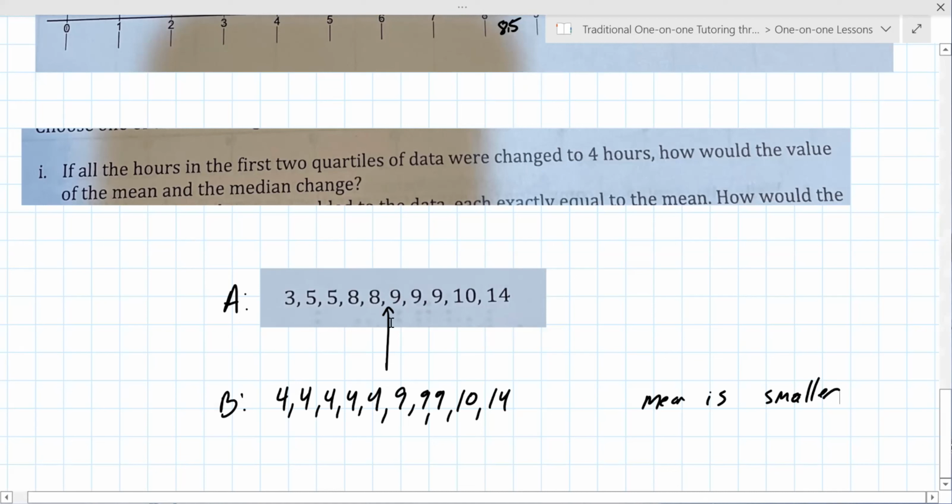Now, how about the median? Did it also change? This one's a little tougher to answer. Yes, because it falls between 4 and 9. Yeah.